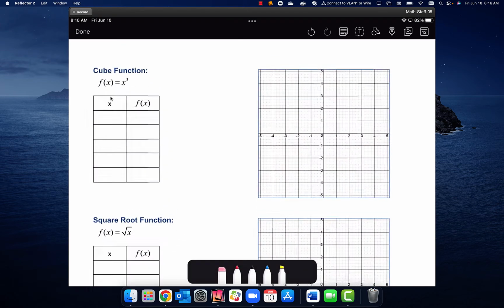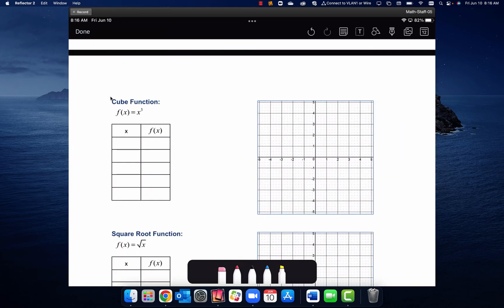Next, we have x cubed. So just cube each of your x values. -2 cubed is -8, excuse me. -1 cubed is -1. Then we get 0, 1, and 8.